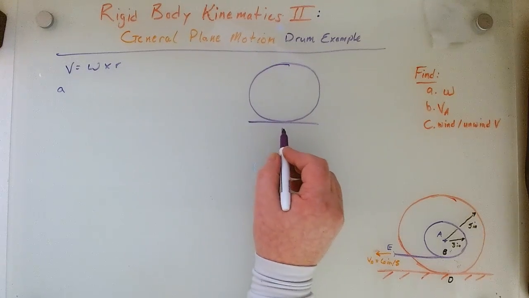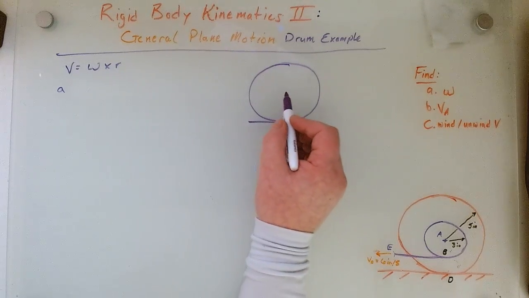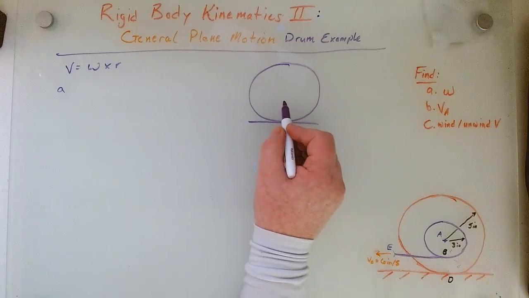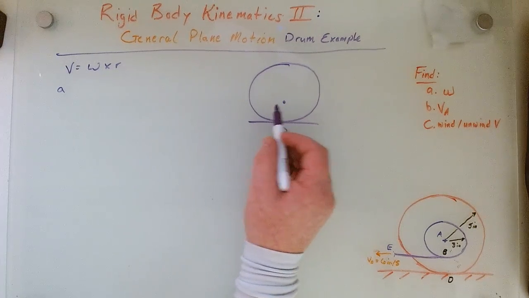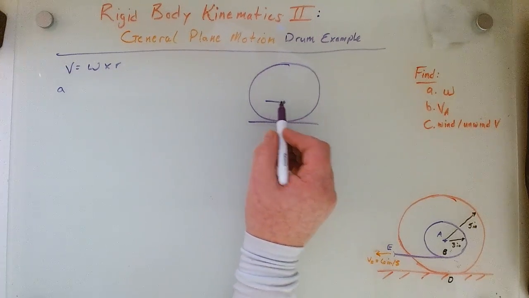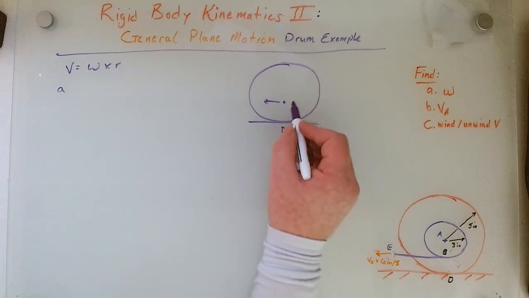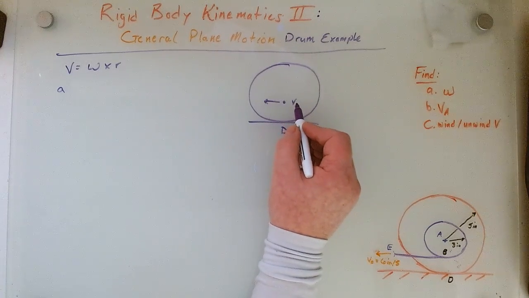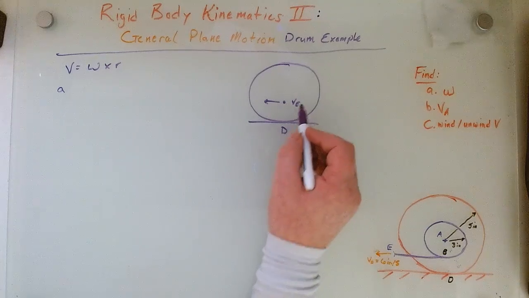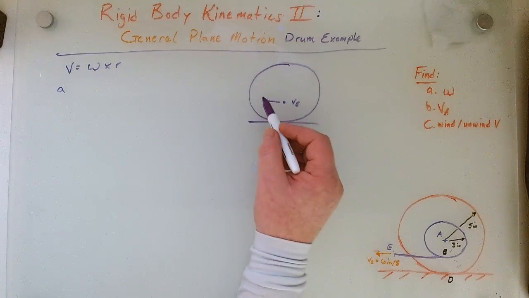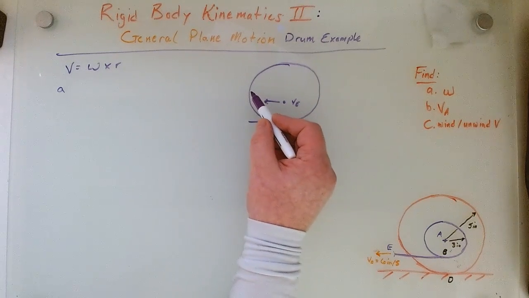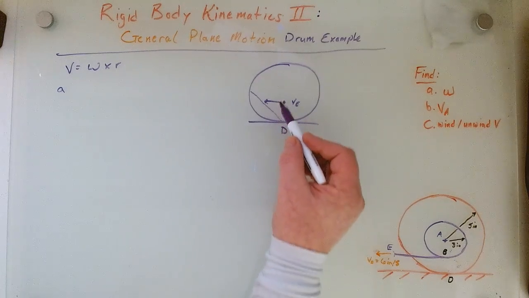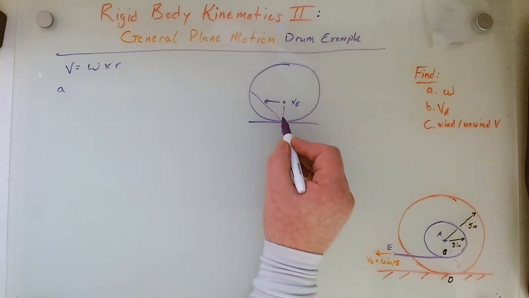So here is D, right? And we're given this V sub E, that goes that way. And so what we end up with is something like this, right?